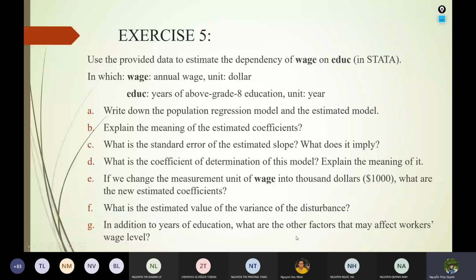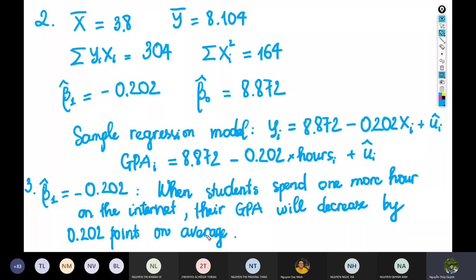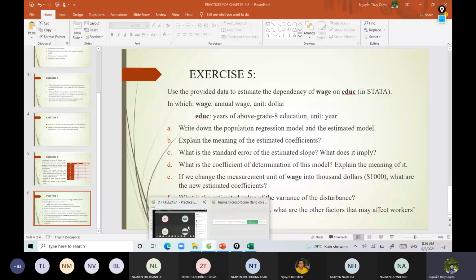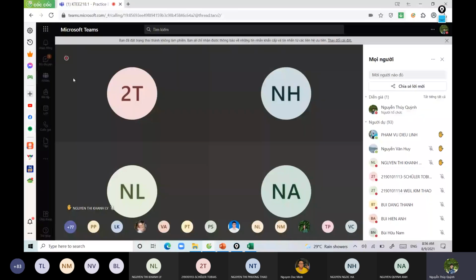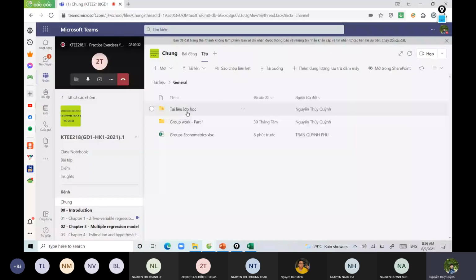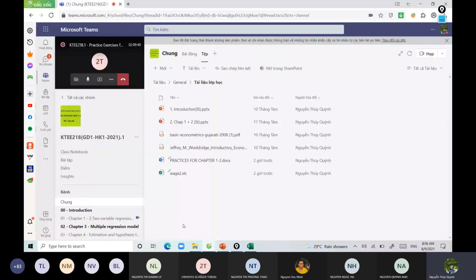So for this one, you have to use the data file named wage in the folder. We have the wage file here, and you will have to use it to do exercise 5.